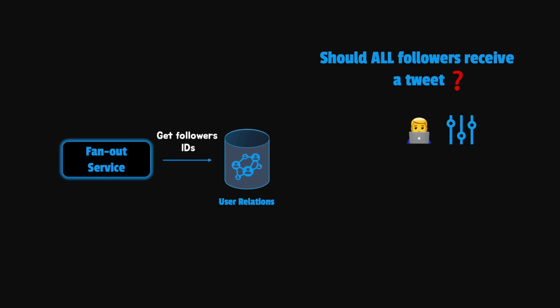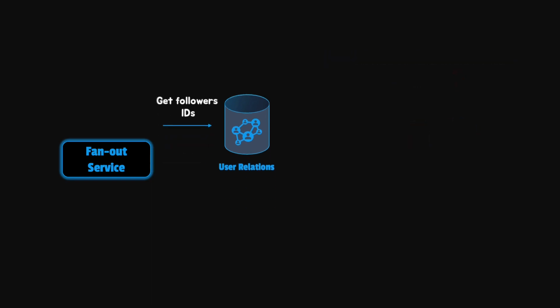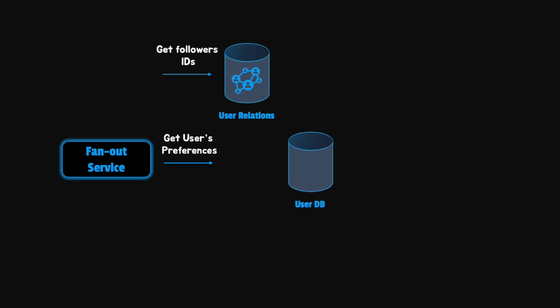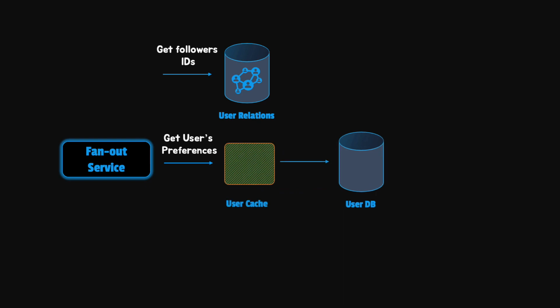So, in order to achieve this filtering, we need to retrieve preference information for each user. And therefore, we'll need to access the database where the users are stored. Again, we extract only what we need. Moreover, since we'll do this operation every time a tweet is posted, which is often, it would make sense to put the user information in a cache for fast access.